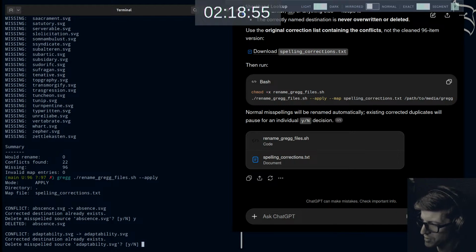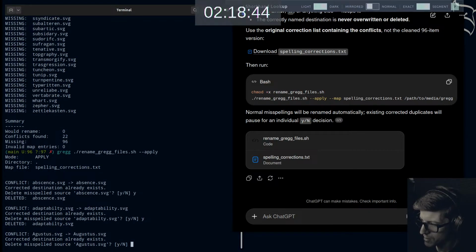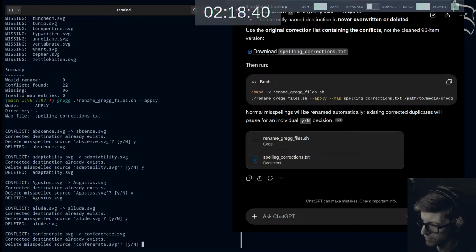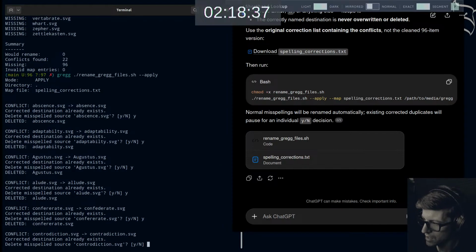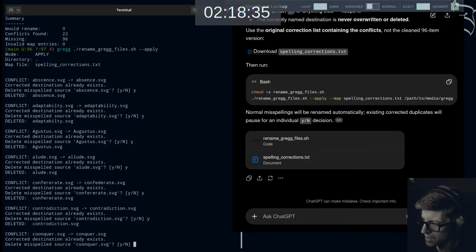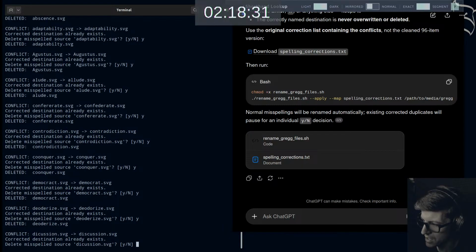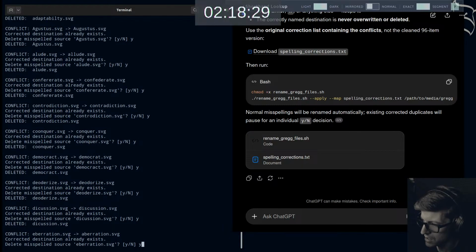Same thing with adaptability. It already exists. Yep. It would be adaptability. Good. So yes. Augustus, yes. Allude, yes. Confederate, yes. Contradiction, yes. Conquer, yes. Democrat, yes. Deodorize, yes. Discussion, yes.